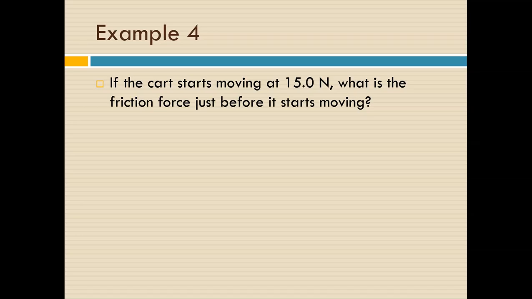And finally, if the cart just starts moving at 15 newtons, what is the frictional force just before it starts moving? If the cart is not moving, the acceleration is 0, so whatever the force is to the right, you've got to have an equal force to the left to counter it. Therefore, the answer is 15 newtons to the left.